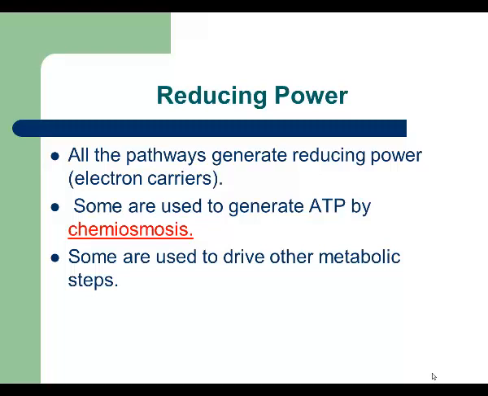We already know one way that cells use to make ATPs, which is a substrate level phosphorylation reaction. Remember, glycolysis and the TCA cycle actually use a substrate level phosphorylation reaction to make ATPs.